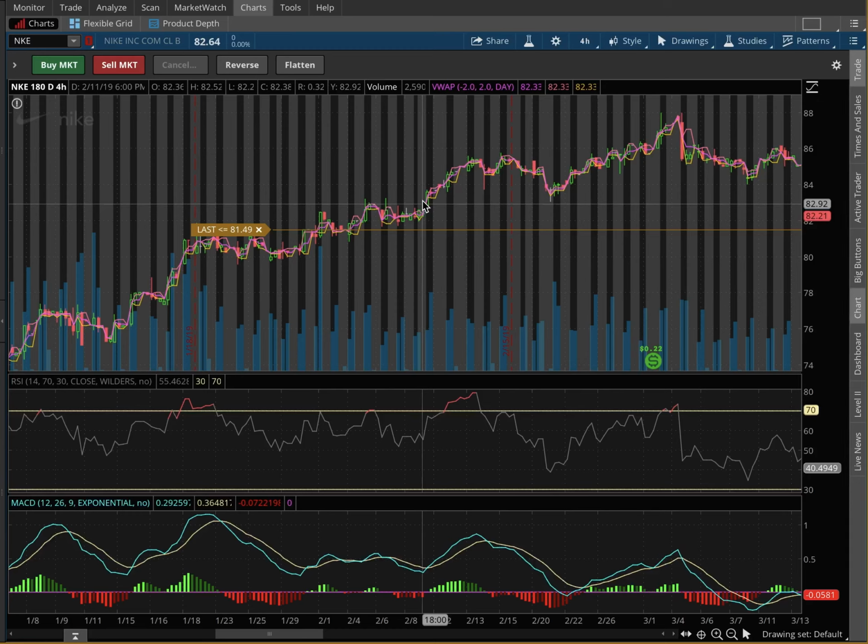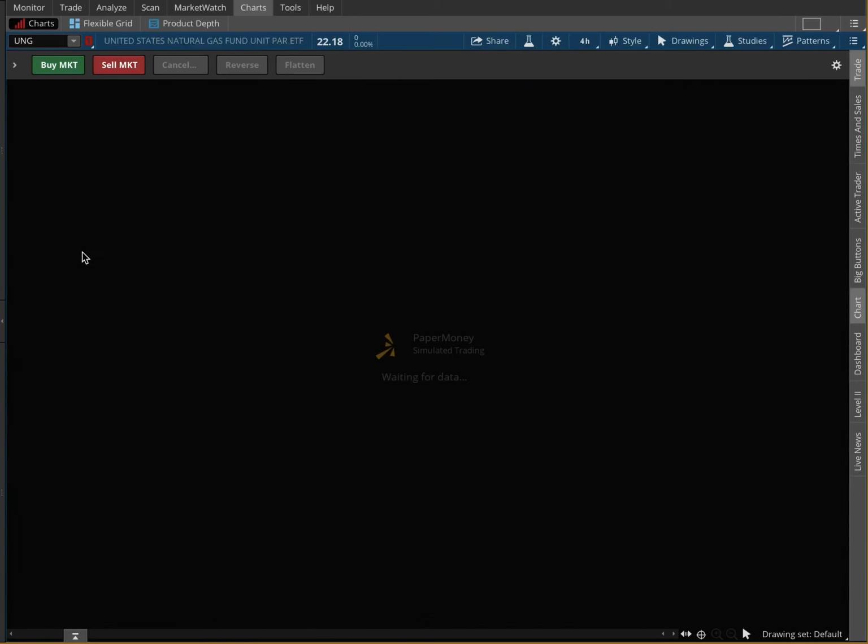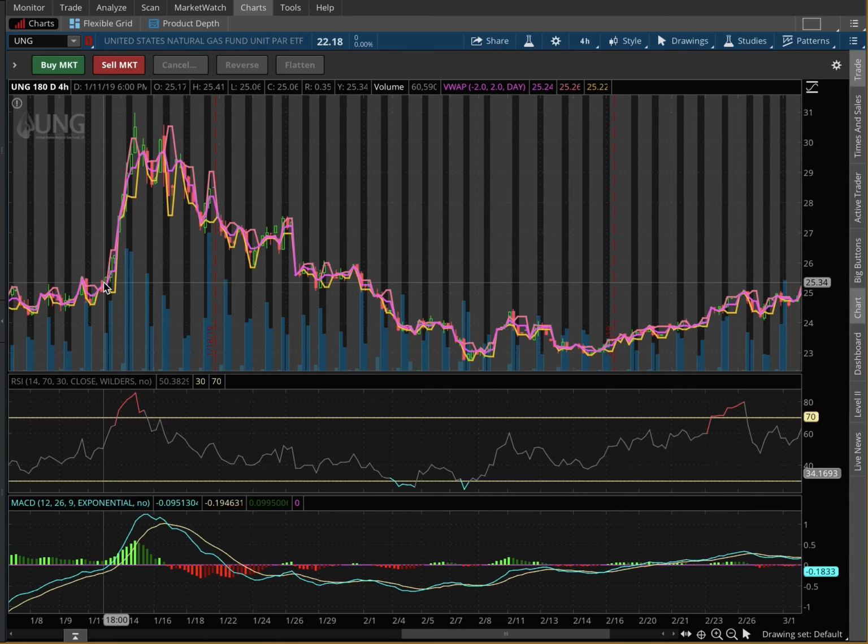Okay, let's see if we can find another example, just to have a look and have a practice. Oh, good. You can see this UNG, ticker symbol UNG. The stock is coming downwards with a very strong downward pattern.